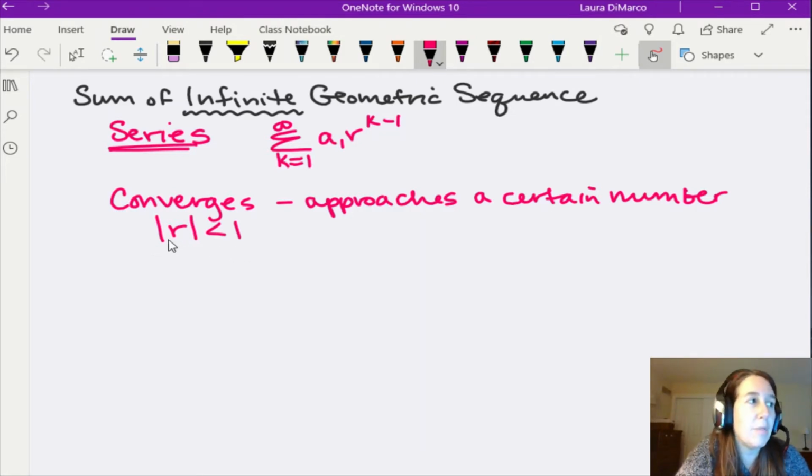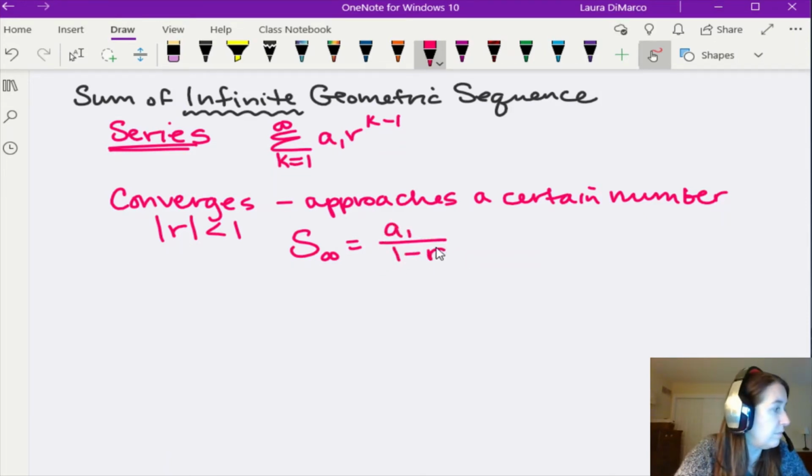So I put absolute value around it because it could be positive or negative, but if it's less than 1, then it will converge, okay? And then you can find the sum, and the sum is, I like to put the little infinity there, an infinite sum, is just the first term divided by 1 minus r. Okay, and it can only be used when the series converges.